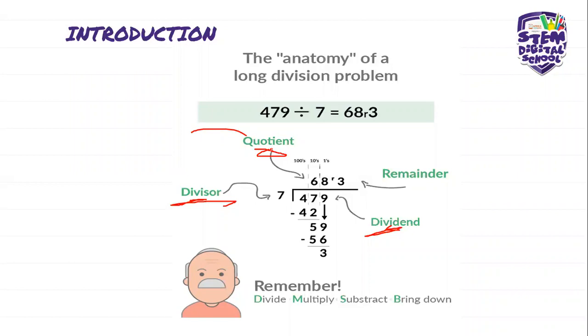The remainder tells you, for example, that 7 enters there 68 times, but because there's a leftover of 3, that makes 479.